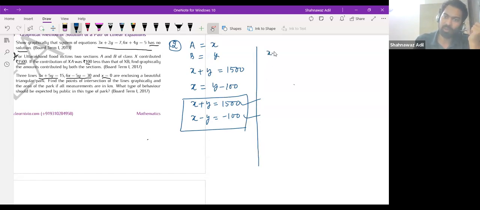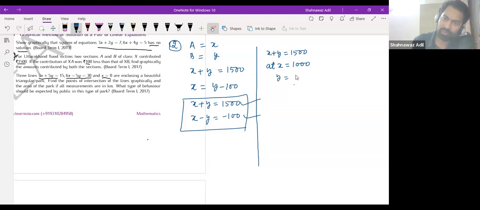So X plus Y equals 1500. First, let us take X equals, let's say, 1000. Y would be how much?